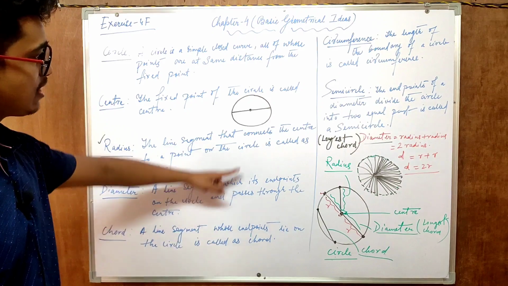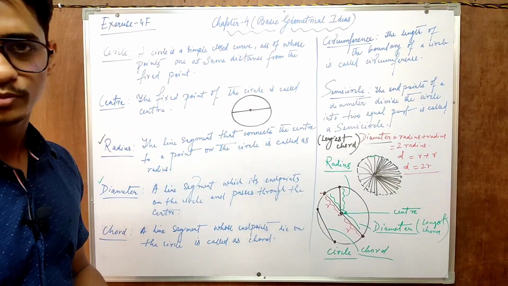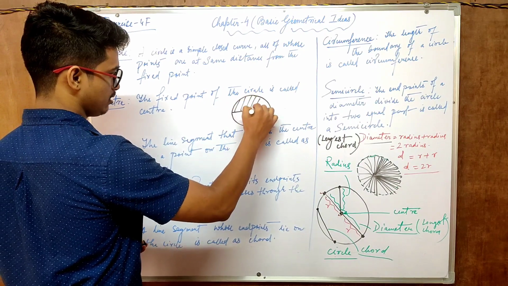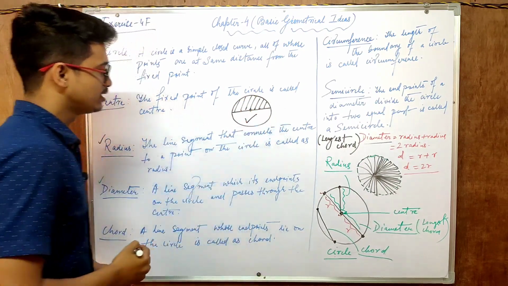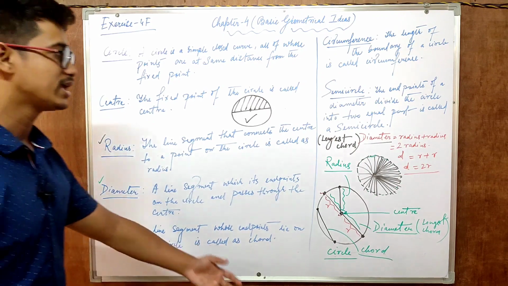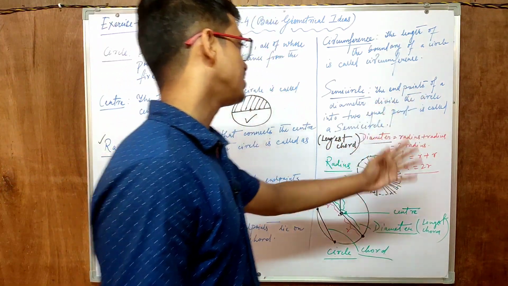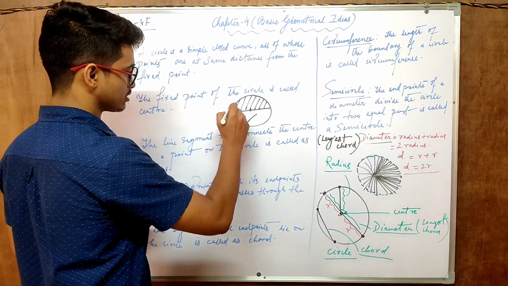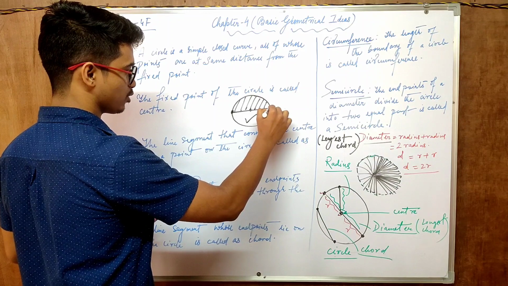If you observe, these two parts are absolutely the same. This is the first part and this is the second part. So what they are talking about is that the endpoints of a diameter divide the circle into two equal parts. So the endpoints are over here, the first endpoint and the second endpoint.